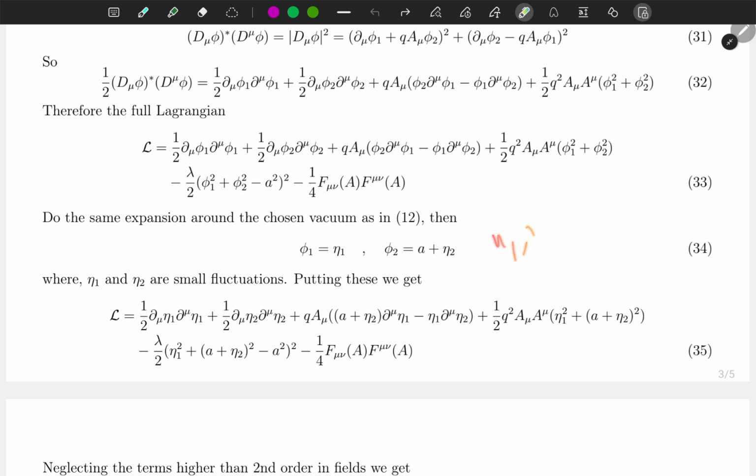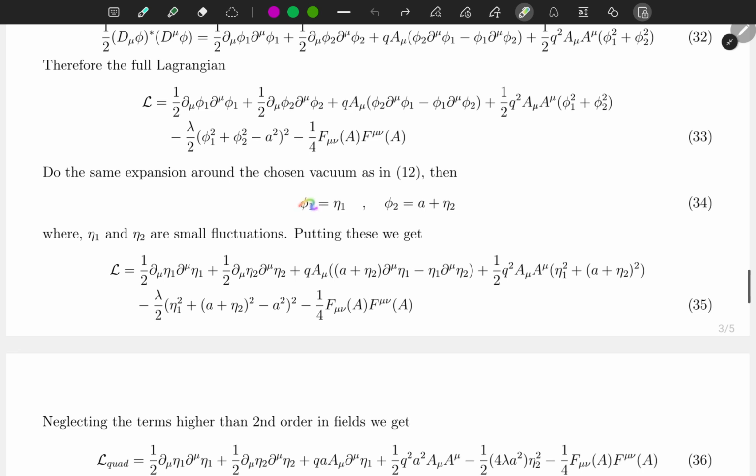So eta 1 and eta 2 are small fluctuations, remember, around the classical vacuum we have chosen. And now we want to write the Lagrangian in terms of the eta 1 and eta 2 fields. So basically this is the expression.